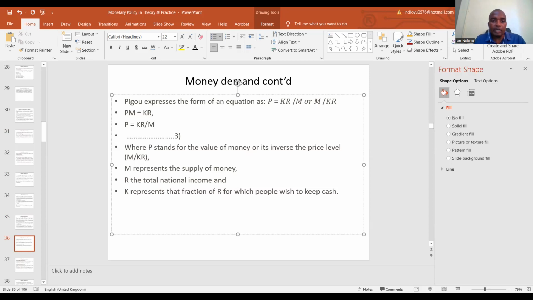If you look at KR over M, it is the reciprocal of M over KR.